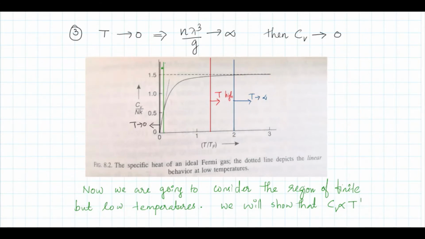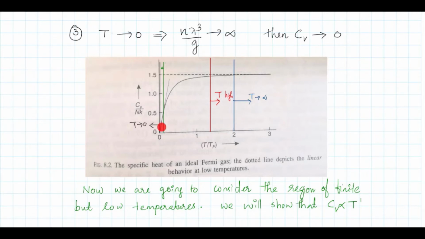The second case is between the red and blue lines, that is high temperatures but not infinitely high, where the value is less than 3 by 2 nk. This dotted line represents the limiting value 3 by 2 nk. And for T tends to 0, the region right at this black line, Cv tends to 0. So these three regions we explained already in the last lecture.